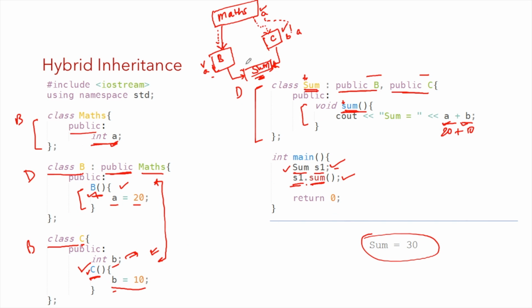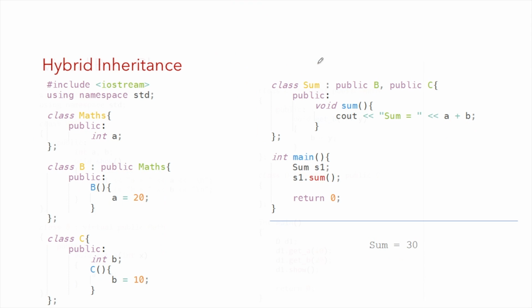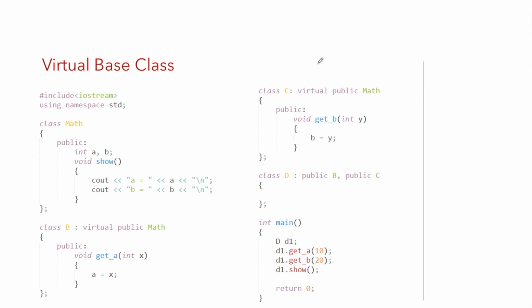Now when this multiple inheritance is done for your class C, whenever one object is instantiated, you will have two different versions of variable A. So for a compiler, this is one ambiguity. Now to tackle this, there's a provision in C++, and we call it a virtual base class.